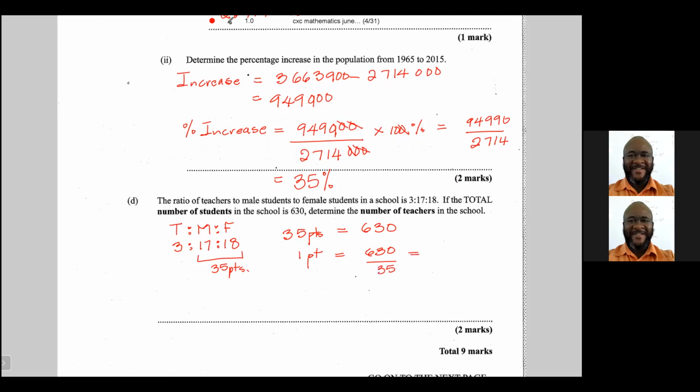So one part would be 18. Then we're asked to determine the number of teachers.